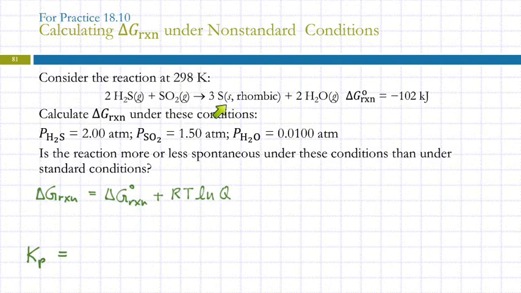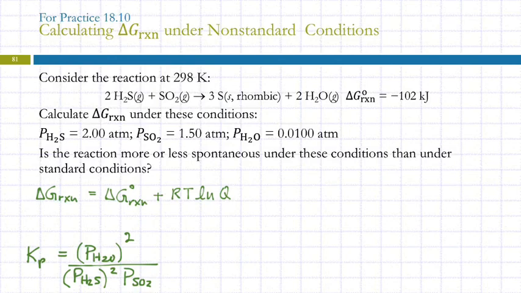Well, it would be the pressure of solid sulfur? No, I don't need that one. The pressure of water squared. All right, so this is pH2O squared, because there's two of them, divided by the pressure of H2S squared times the pressure of SO2.